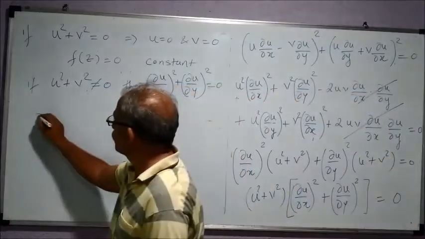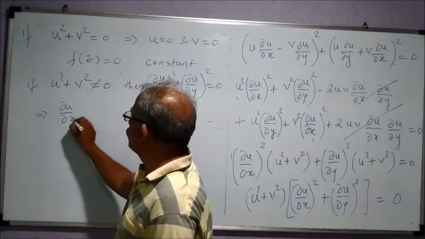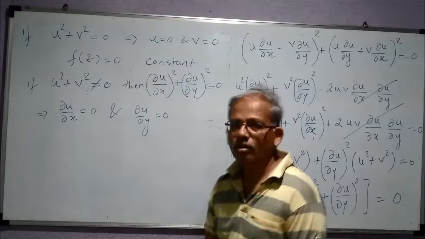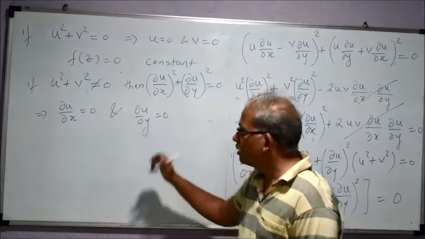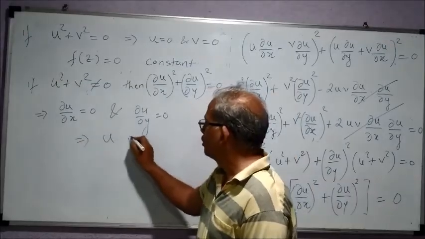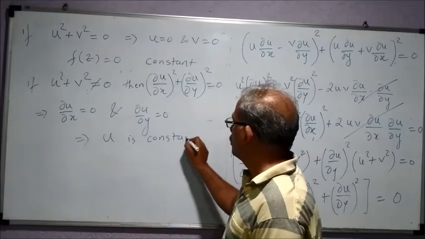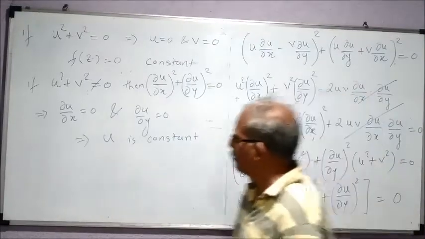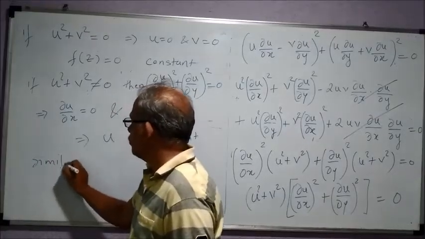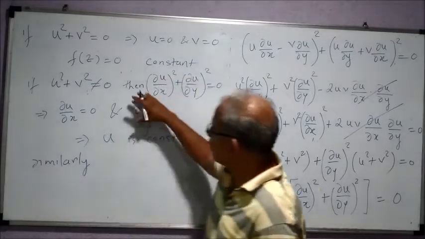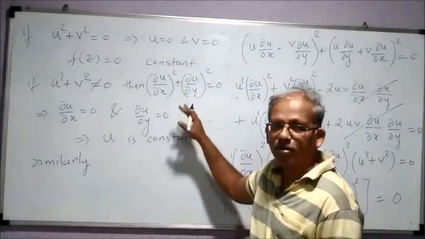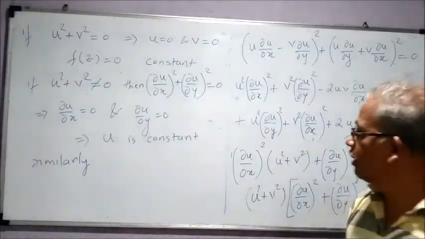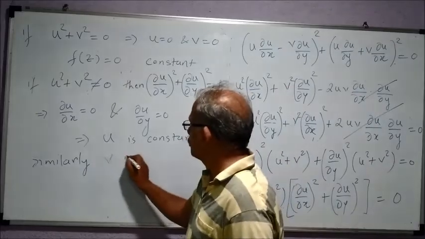This implies ∂u/∂x is 0 and ∂u/∂y is 0, which means u is constant. Similarly, by considering the other way around, whatever we have done with ∂u/∂x and ∂u/∂y, the same we can do with ∂v/∂x and ∂v/∂y, and we'll get v is constant.